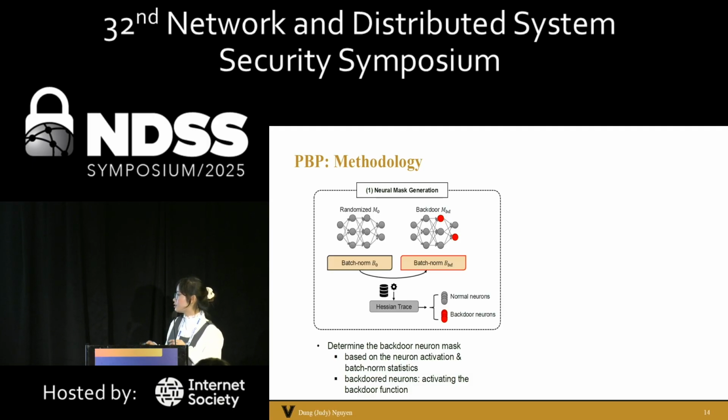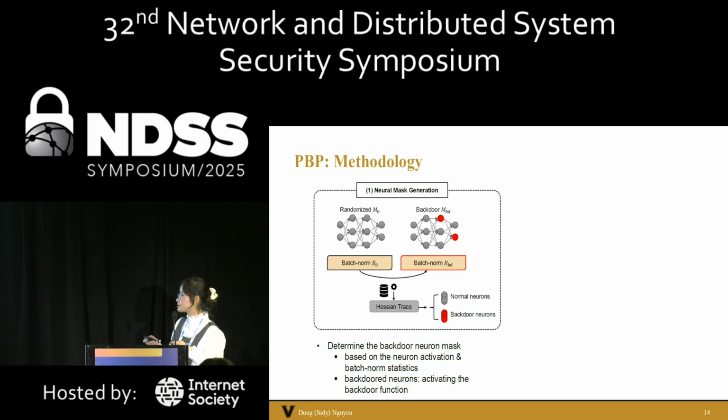So we base on the batch norm statistic of the backdoor model, because when the backdoor model is trained, it is already trained on the clean and the backdoor data. So the batch norm statistic is going to more or less retain some information about the training data. And we create another randomized model having the same model architecture as the backdoor model.